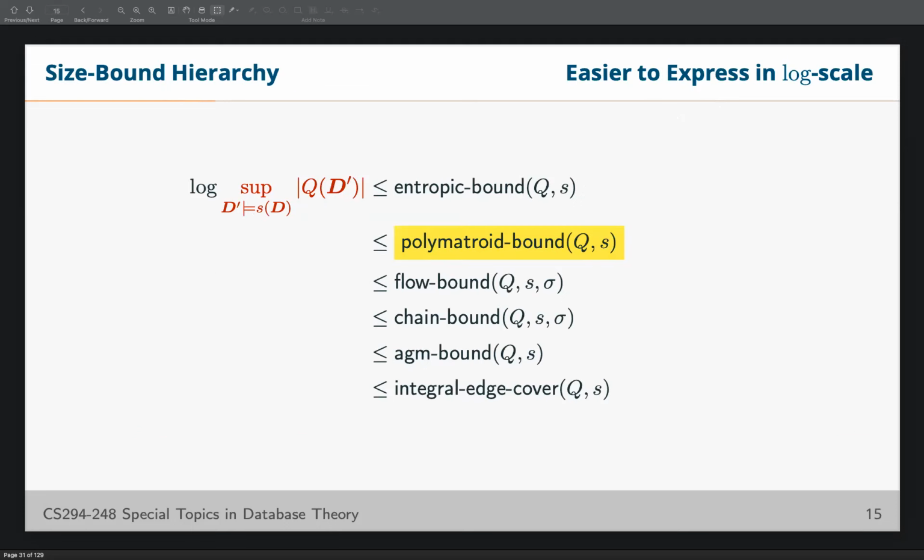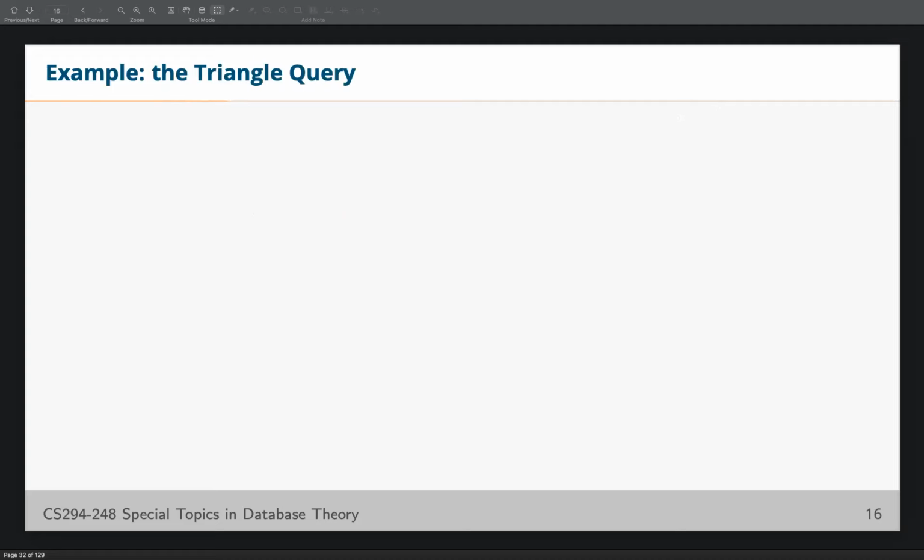All right, so now the quantity that we're interested in, which is the red one, we cannot really compute, but we'll focus on this yellow one, the polymatroid one. Okay, so let's look at some examples. The triangle query is something that you have seen last time.